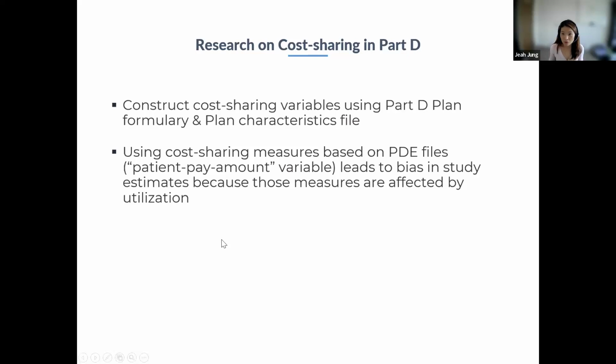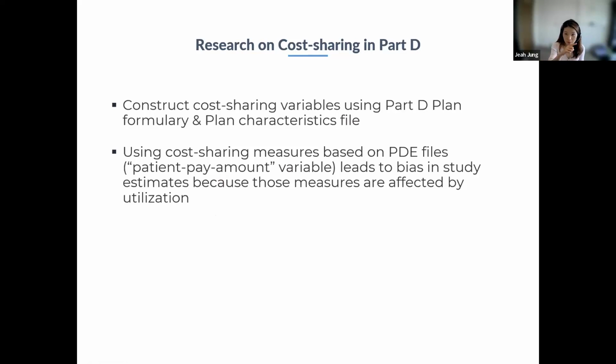I want to give a caution on that and discourage you from doing so, because when you look into cost sharing information, you want to examine the impact of price on quantity. But if you measure cost sharing using the PDE file, you are constructing your price measure based on quantity. So it's a dual causal problem.